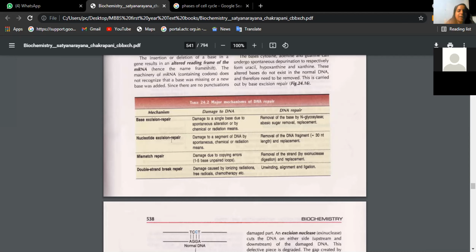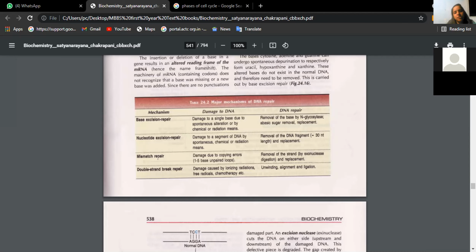So nucleotide, that means adenine or guanine or cytosine or thymine, if it is getting excised or removed, so damage to a segment of DNA, it can be either spontaneous or chemical or radiation damage. So in such cases, removal of a DNA fragment, the size is around 30 nt length, and whatever part of the DNA fragment is damaged, that is being repaired and replaced.